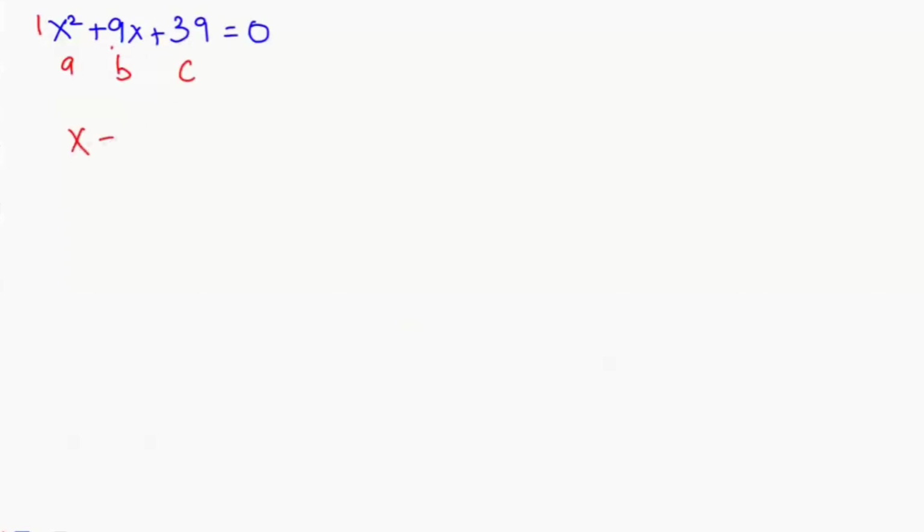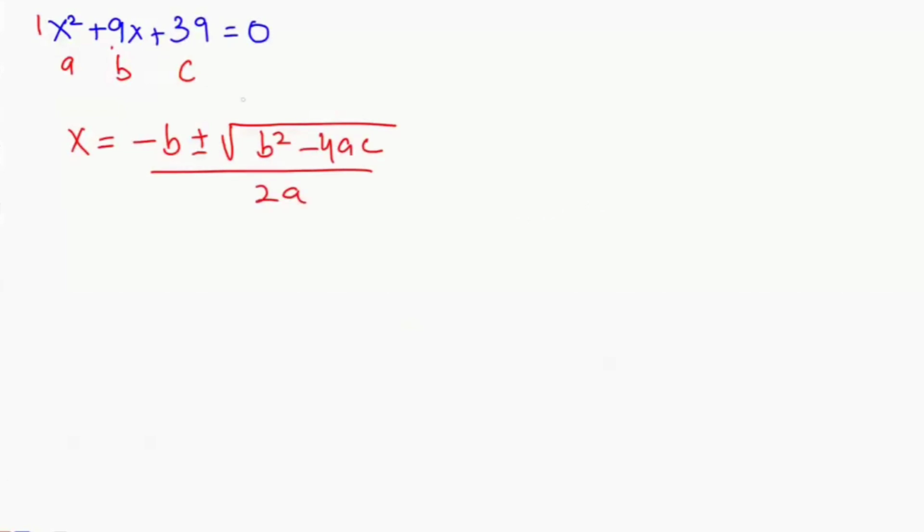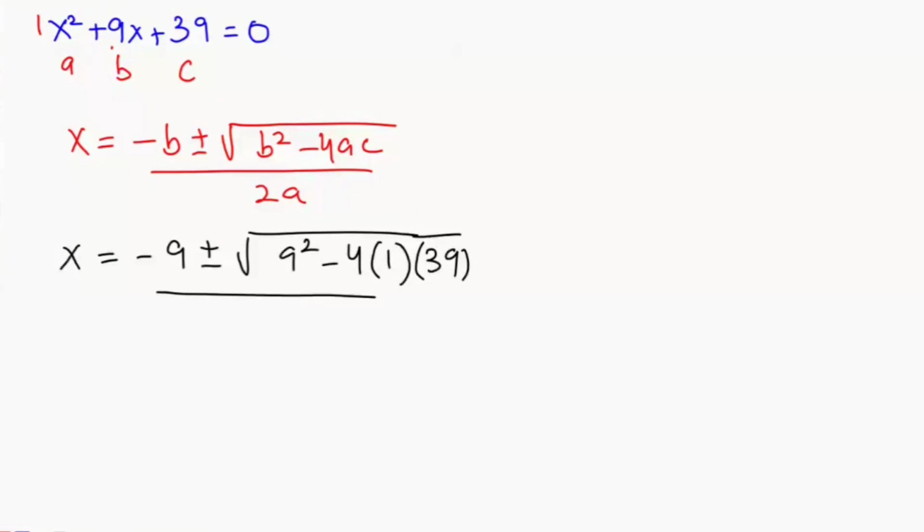And the formula for the quadratic equation we have, now I'm going to plug in the a, b, c values. X is equal to negative b, we have positive 9, plus minus root 9 square minus 4 times 1 times c is 39, over 2 times 1.